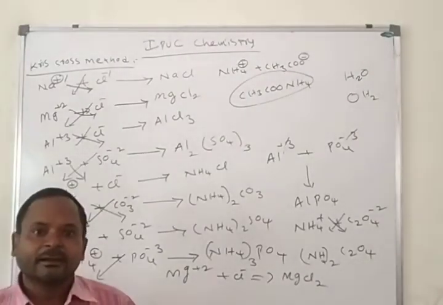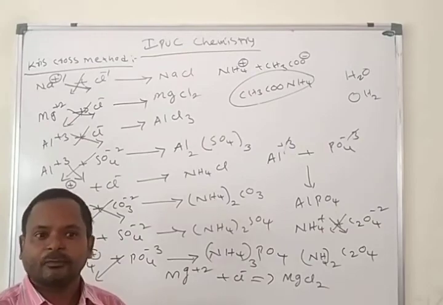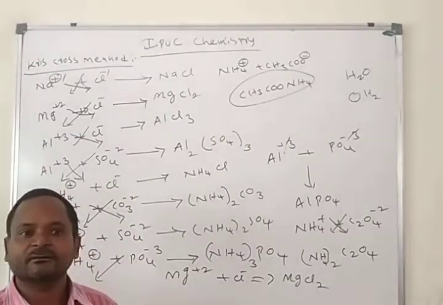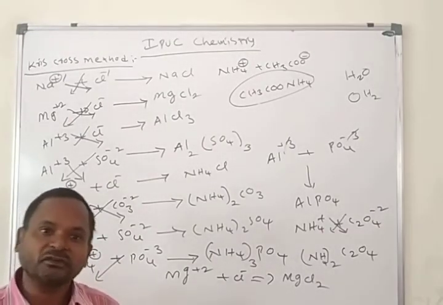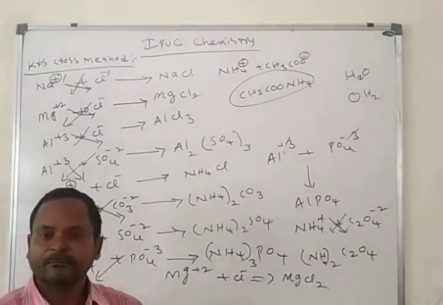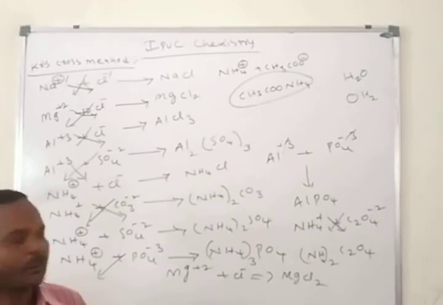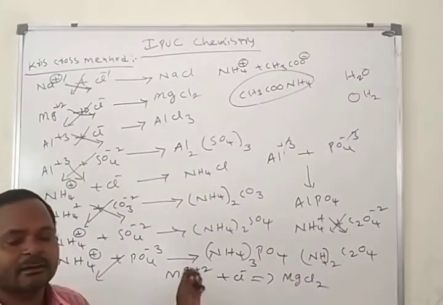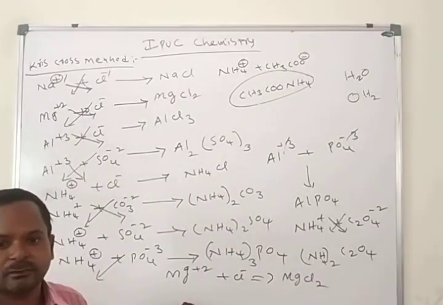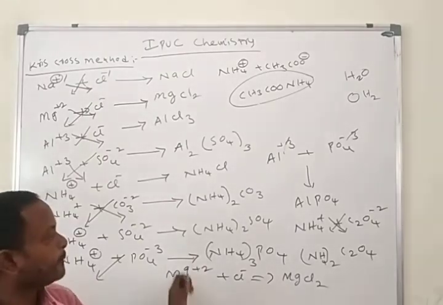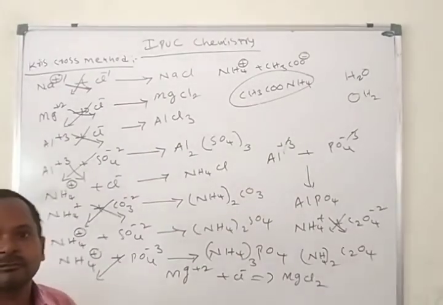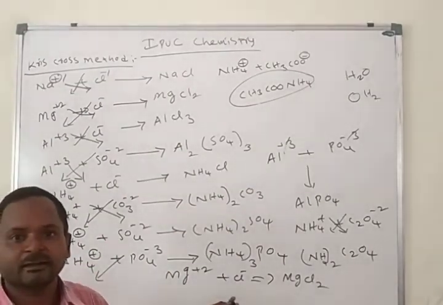If I say any name, by using those anions and cations we can write formulas easily. We will write thousands of formulas. While writing, follow only these rules. Okay, this is one of the fundamental concepts.